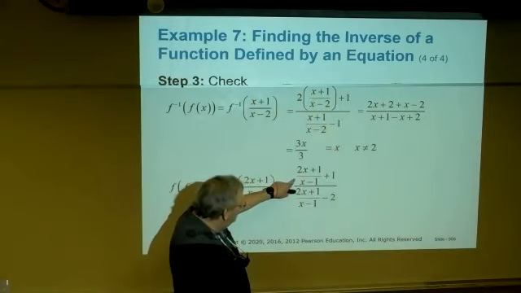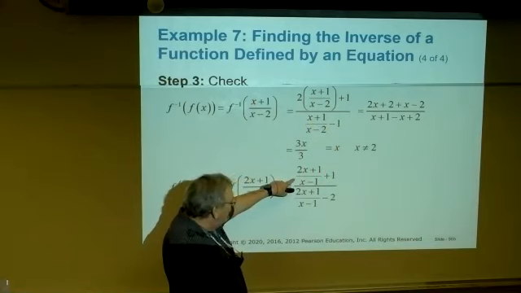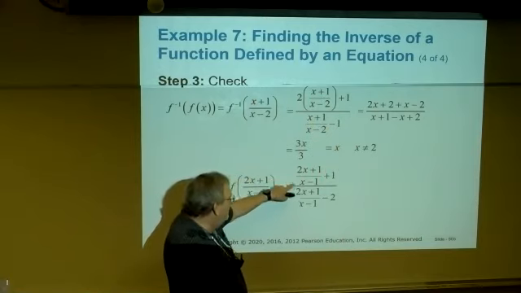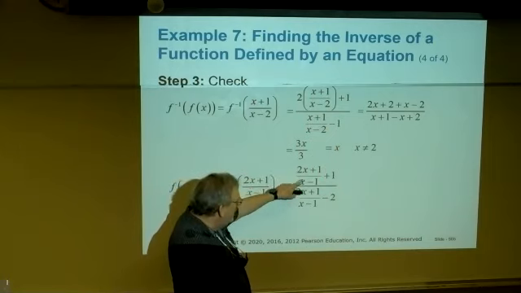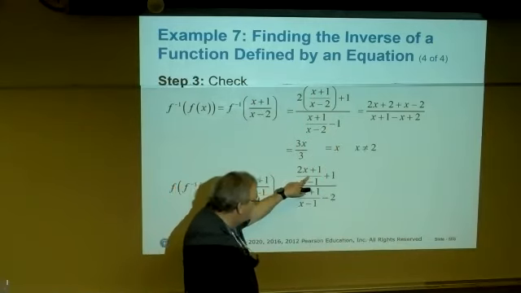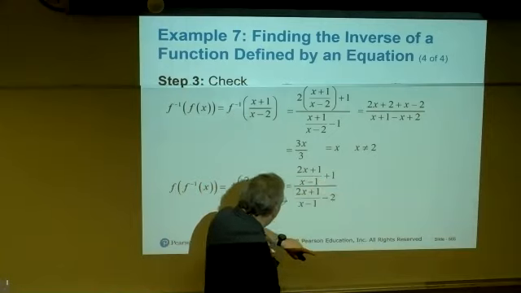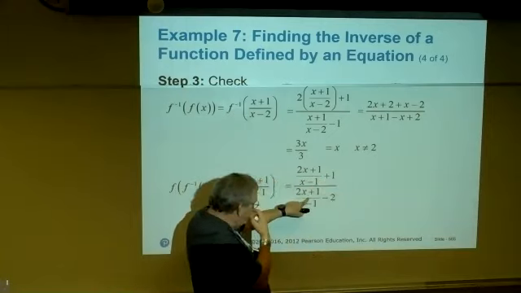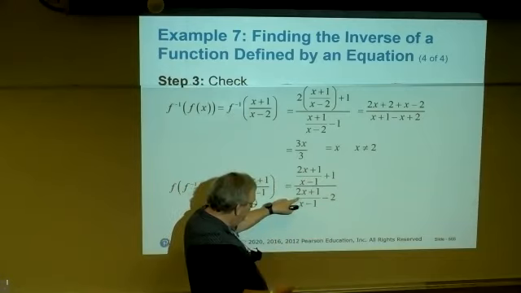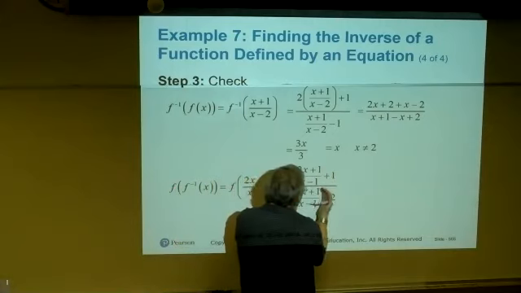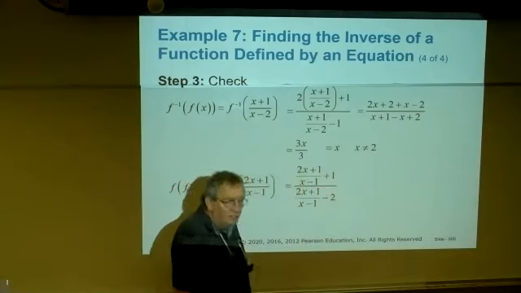Now I'm going to multiply the numerator by x minus 1 and the denominator by x minus 1, and that means this fraction gets multiplied by x minus 1, and this plus 1 gets multiplied by x minus 1. As a matter of fact, these two fractions become 2x plus 1.